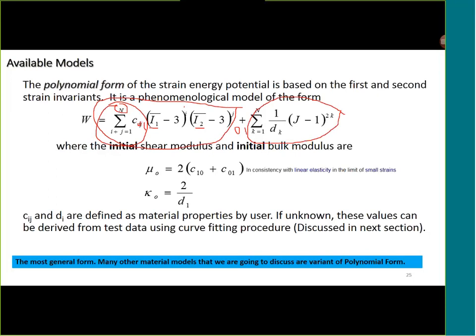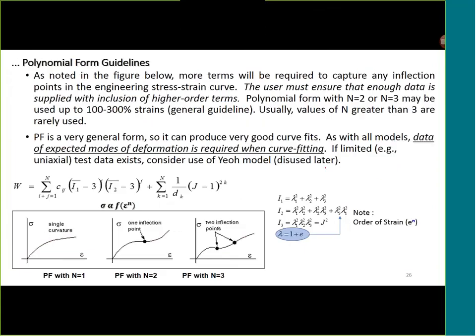So many of the material models that we are going to see in the coming slides are nothing but derivatives of this particular polynomial form of hyperelastic function. Here are some guidelines for choosing what order of polynomial has to be used for a particular rubber component which is exhibiting a particular shape of the stress strain curve.